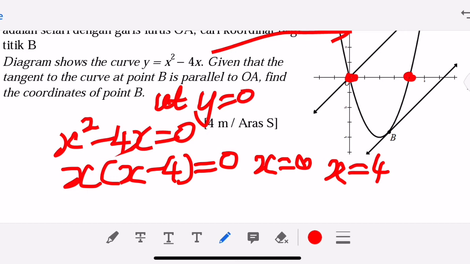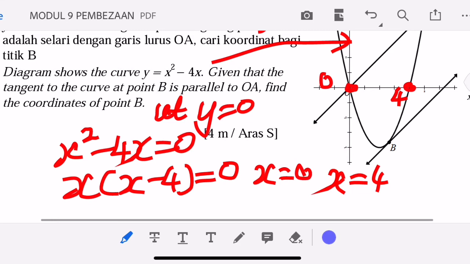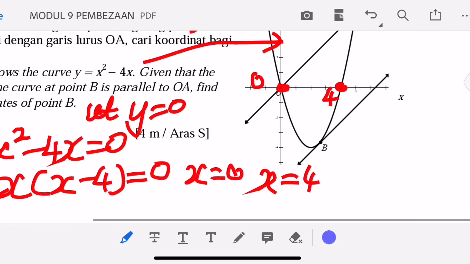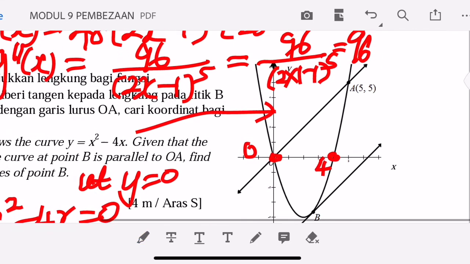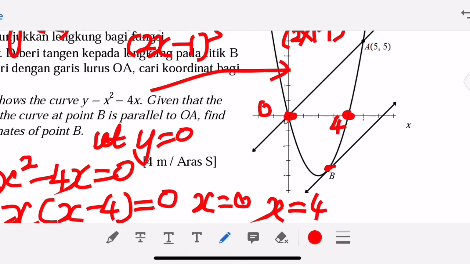Okay, so this is 0, this is 4, right? Alright, so now the question is asking find the coordinate of point B. Okay, where's the point B? The point B is here.